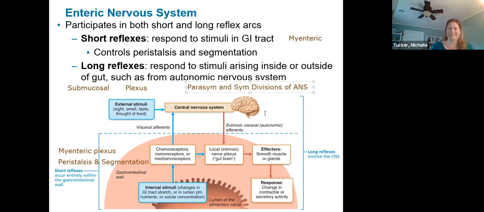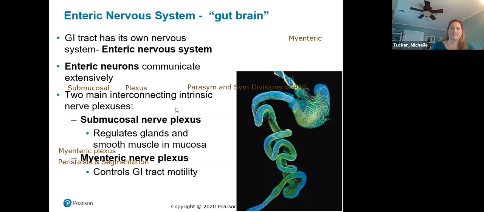But the take-home messages of the enteric nervous system are that we have these two nerve plexuses, submucosal and myenteric.